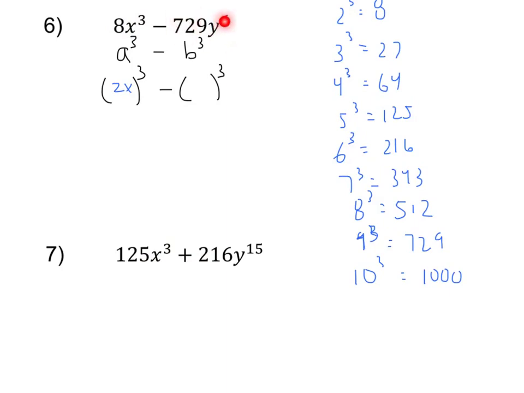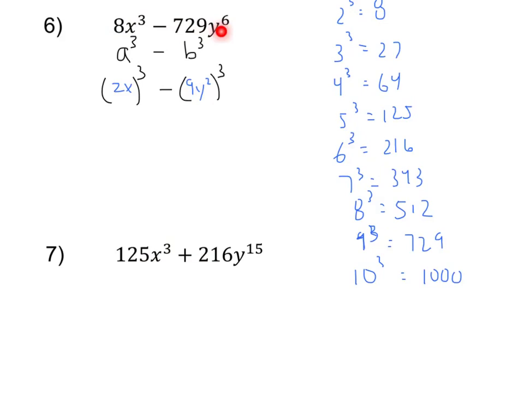And then here, what could I cube to get me 729y to the 6th? Well, the answer would be 9y squared, because 9 times 9 times 9 is 729. Y squared times y squared is y to the 4th, times y squared is y to the 6th. 9y squared cubed is 729y to the 6th.